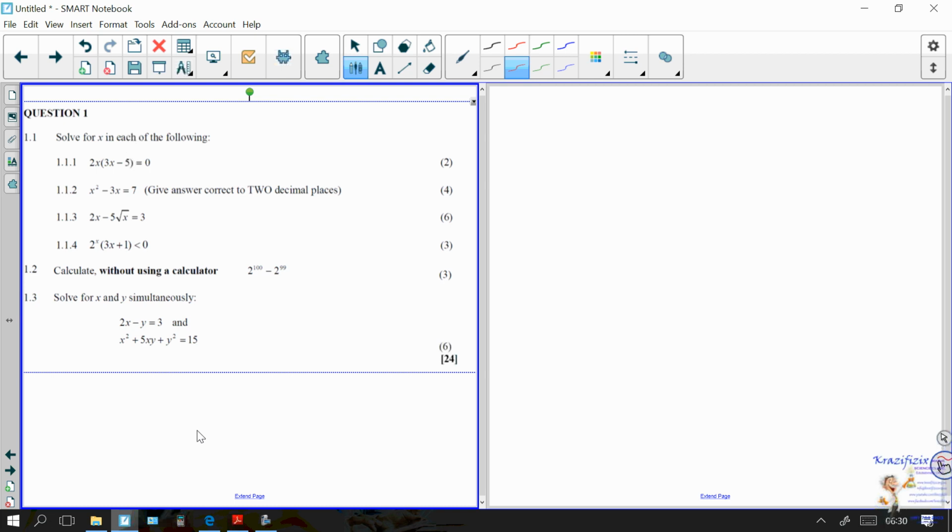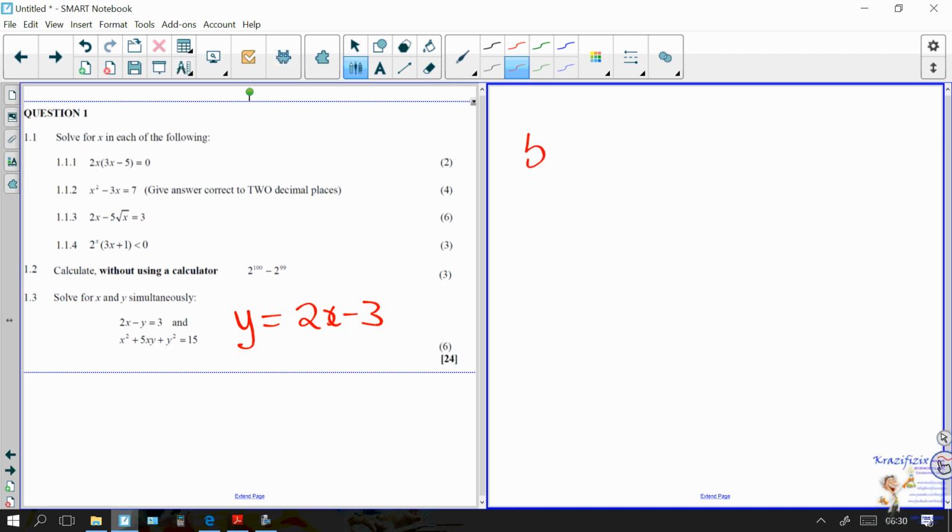If you remember our solution, we said y equals 2x minus 3. And our last solution was 5x squared minus 9x minus 2.